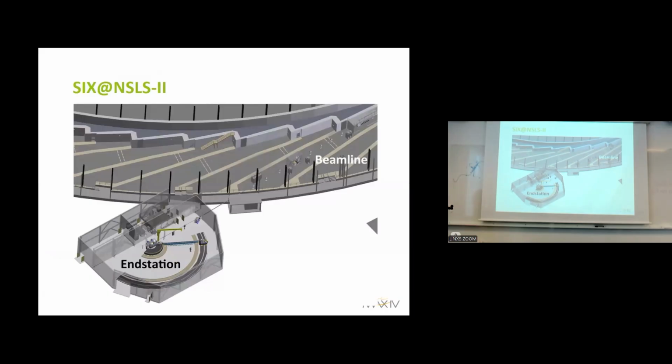This is the beast they built at the NSLS-II synchrotron in Brookhaven, outside of New York. As you see here, they've extended the beamline outside of the building itself and built a separate building to house this big spectrometer.